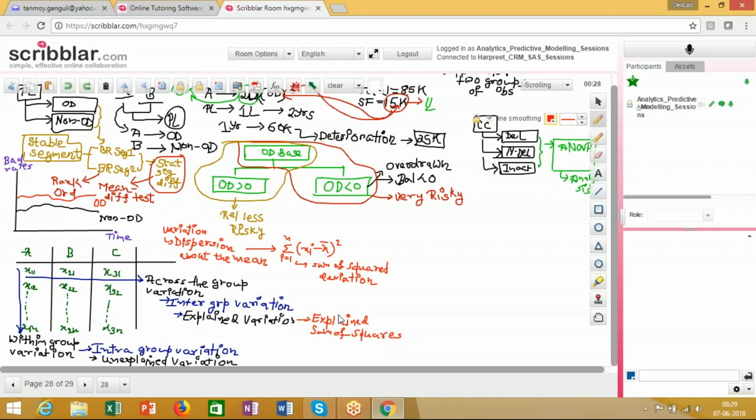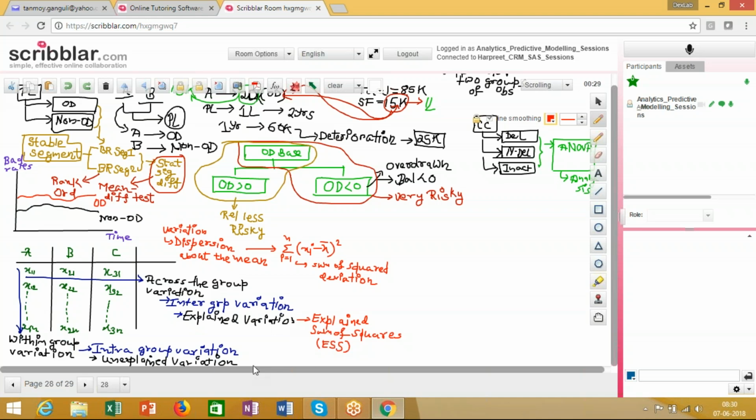This is known as the explained sum of squares. The next part is the unexplained sum of squares. What is the unexplained sum of squares? The unexplained sum of squares is the intra-group variation.